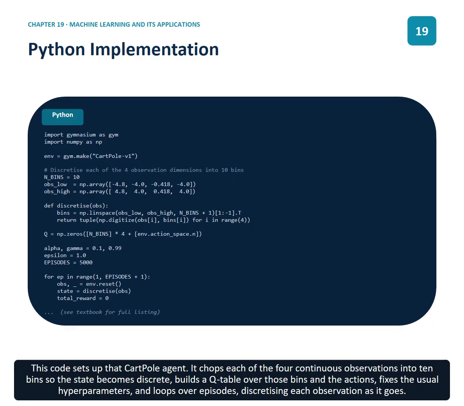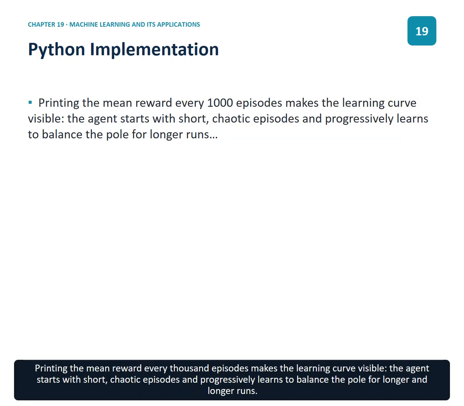It chops each of the 4 continuous observations into 10 bins so the state becomes discrete, builds a Q table over those bins and the actions, fixes the usual hyperparameters, and loops over episodes, discretizing each observation as it goes. Printing the mean reward every 1,000 episodes makes the learning curve visible. The agent starts with short, chaotic episodes and progressively learns to balance the pole for longer and longer runs.